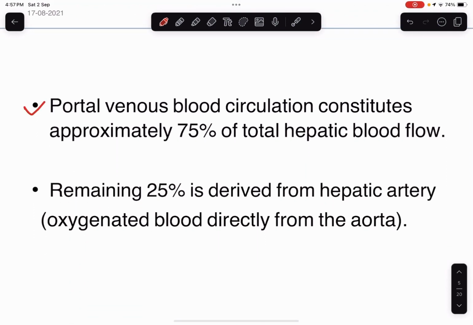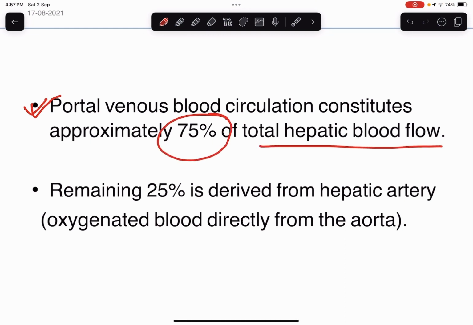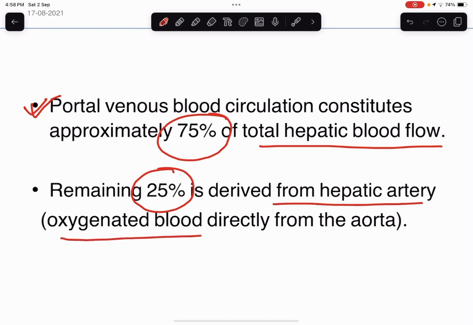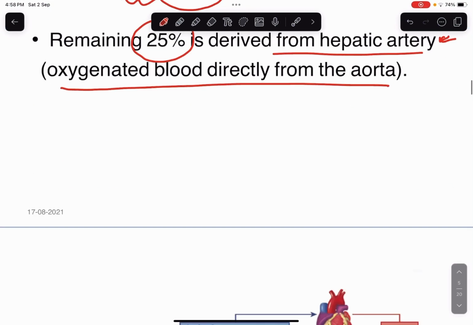Portal venous blood circulation constitutes approximately 75% of total hepatic blood flow, and the remaining 25% is derived from the hepatic artery, which is the oxygenated blood directly from the aorta. So out of 100% of blood supply, 75% comes via the portal venous circulation into the liver, and 25% is from the hepatic artery, which is the oxygenated blood from the aorta.